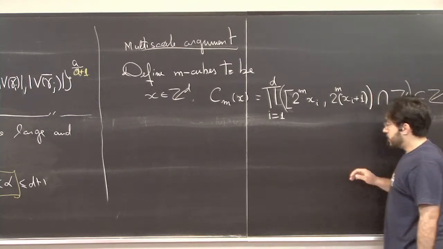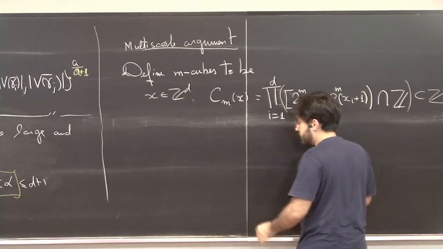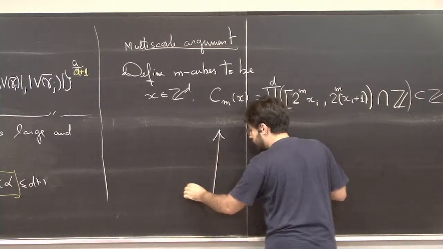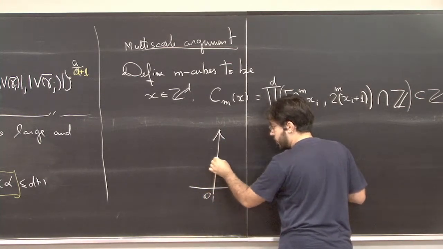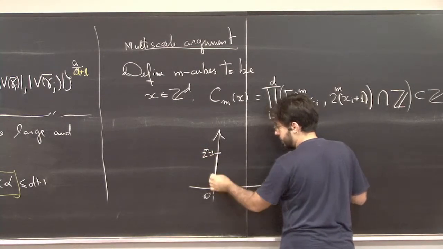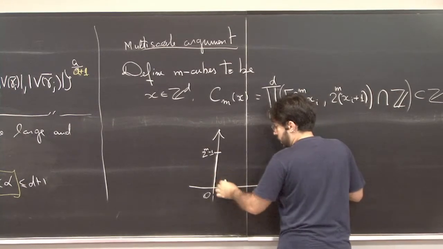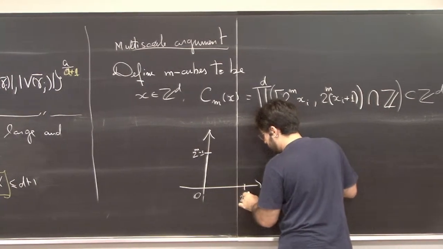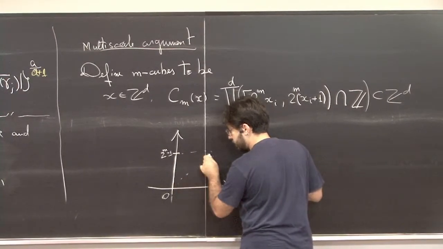For instance, if I take x to be 0, then this cube starts right here and goes until 2^m minus 1, and similarly in each coordinate, and I take all the integer points inside this cube.